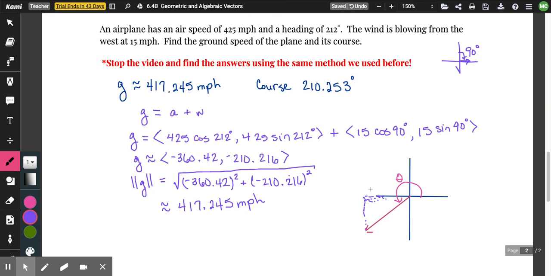But anyhow, so this side of my right triangle is 360.42, and this side of it over here is 210.216. And I could use right triangle trigonometry to find this. Since I know those two sides of the triangle, this would be a tangent problem. So I could say, well, tangent of that little angle in there, we'll call it alpha. Tangent of alpha is equal to the opposite side over the adjacent side.